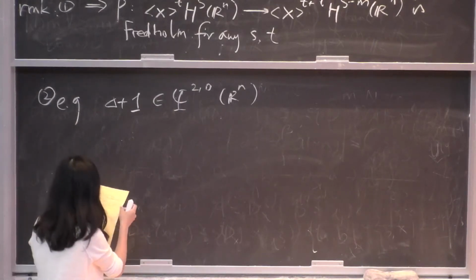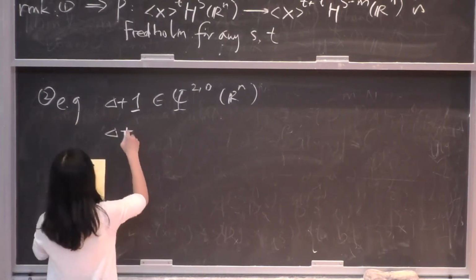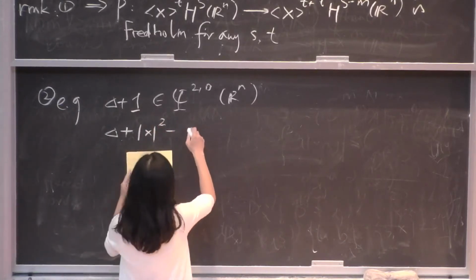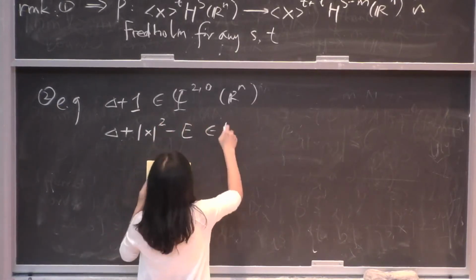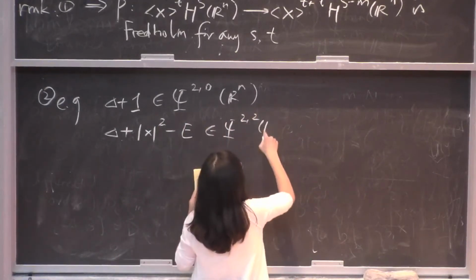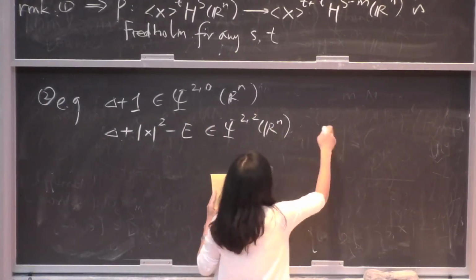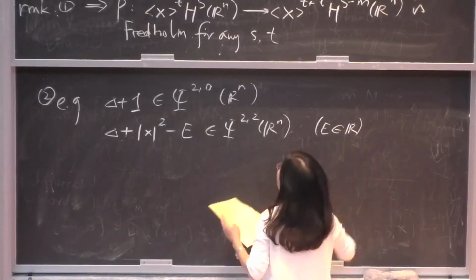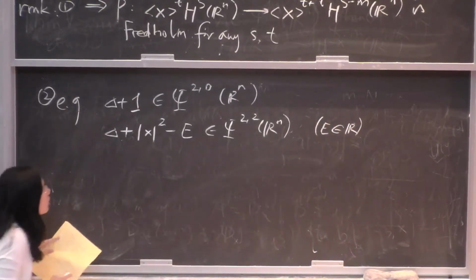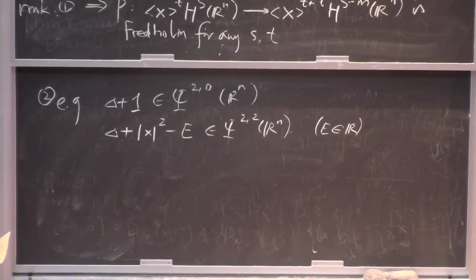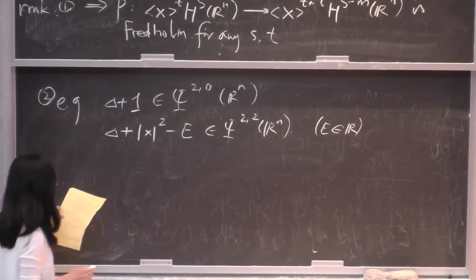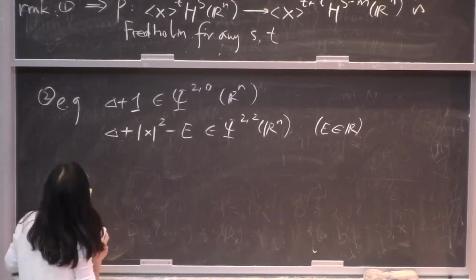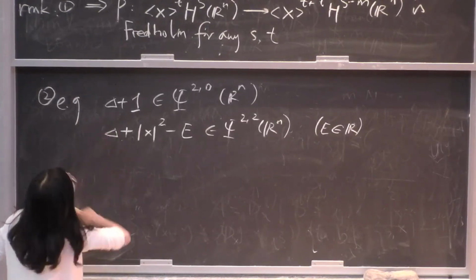And the second example is the Laplacian plus x squared minus E, which is in Psi^{2,2}(R^n), where E is just a real constant. Okay, so those are some of the examples to which you can apply this theorem.